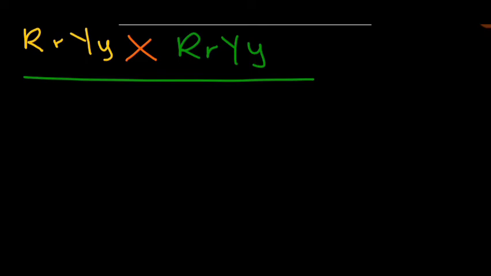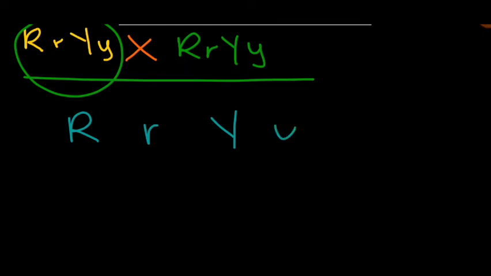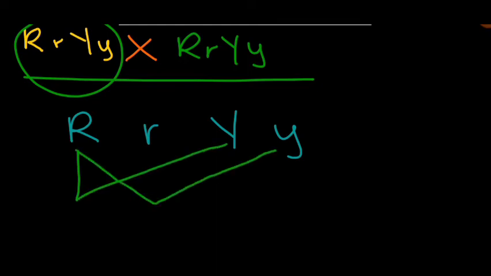How can you do that using the Punnett square? The first thing you have to do is self-cross these alleles. So we get the genotype for the male parent, which is RrYy, and then we self-cross it.